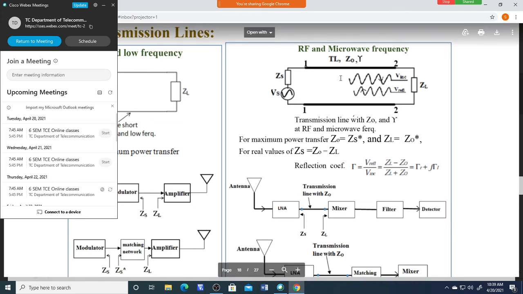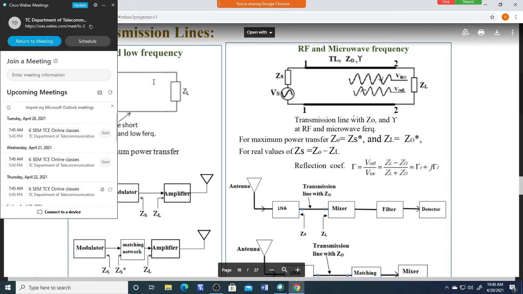But here we cannot do it like that. We cannot apply Ohm's law to find the current here. So we need an equation. If I want to find the current, what is the current equation?